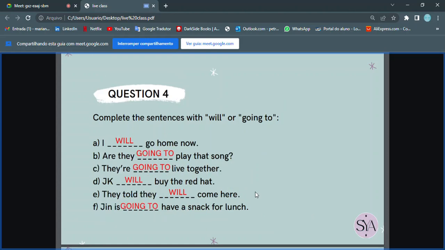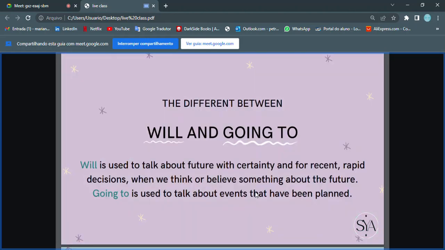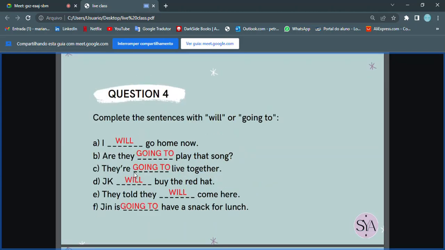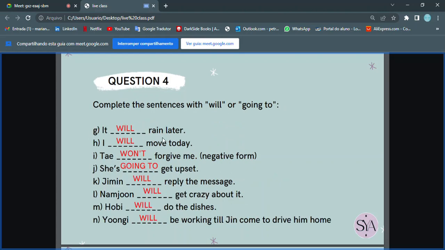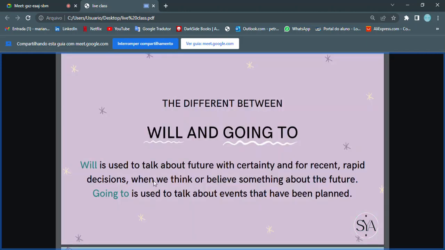But at the same time, you guys could just use the definition of will and going to choose what is the right choice, right? If we see the sentence "it will rain tomorrow," it's not a certainty, because we don't have 100% certainty about the weather, but we believe or think that it will rain in the future.